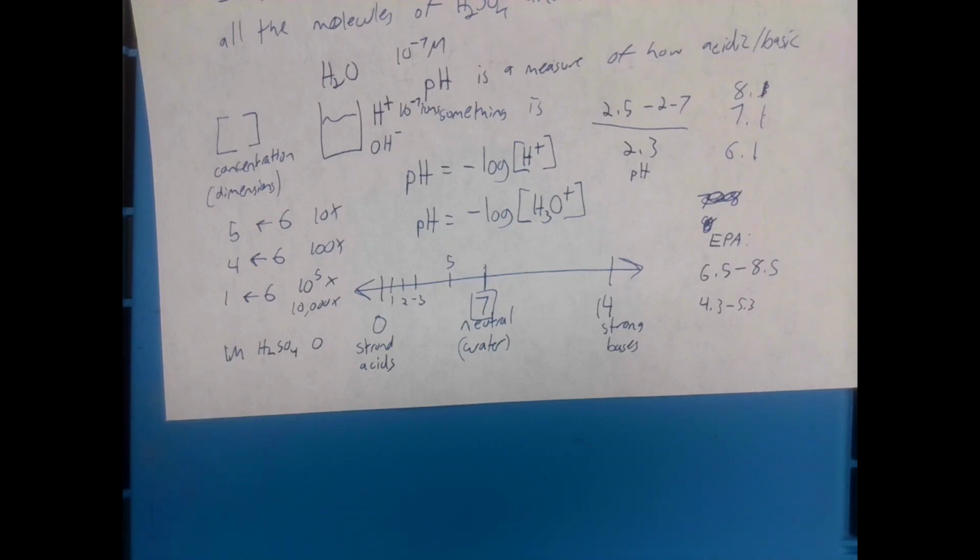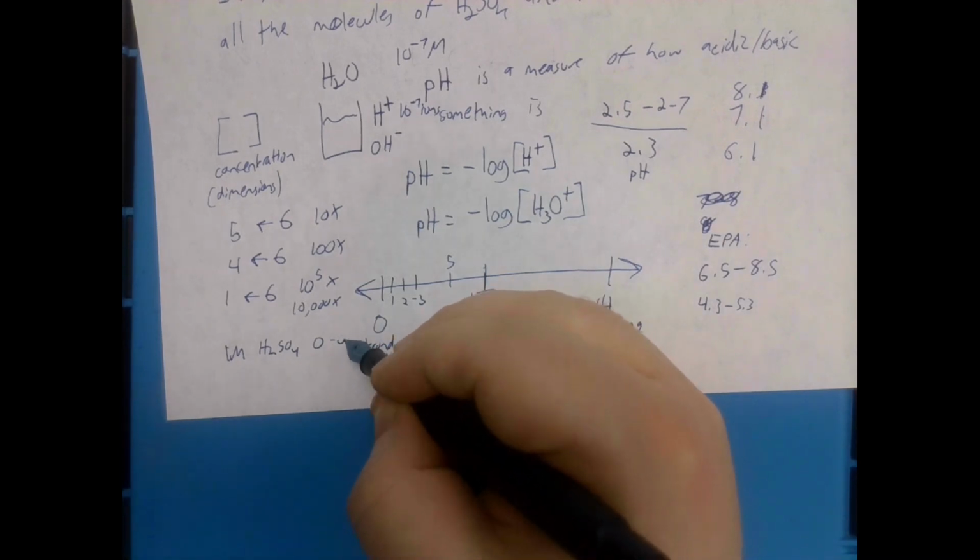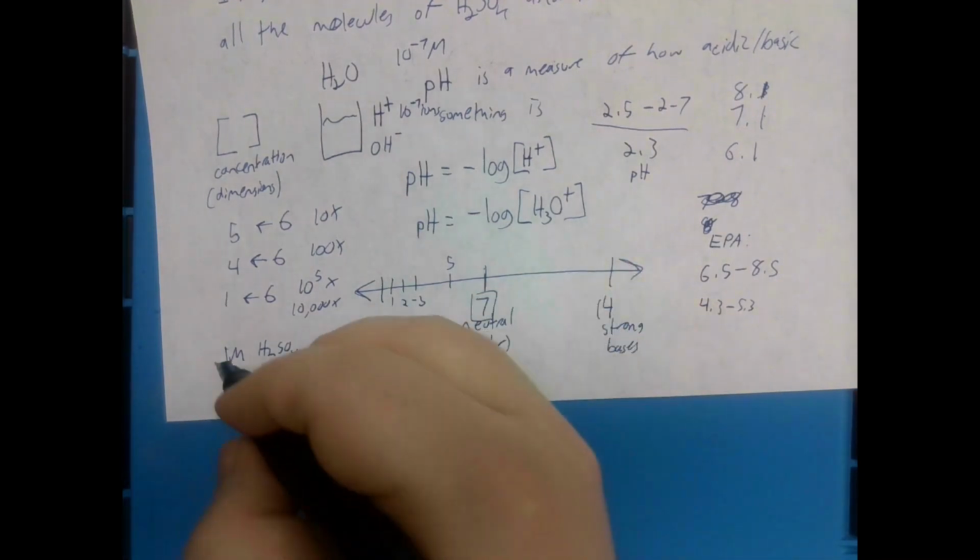Concentrated at 98% is 0 to 0.3, since I'm looking up for 1 molar. Anyway, I'm bringing up pH not to actually analyze what pH is.